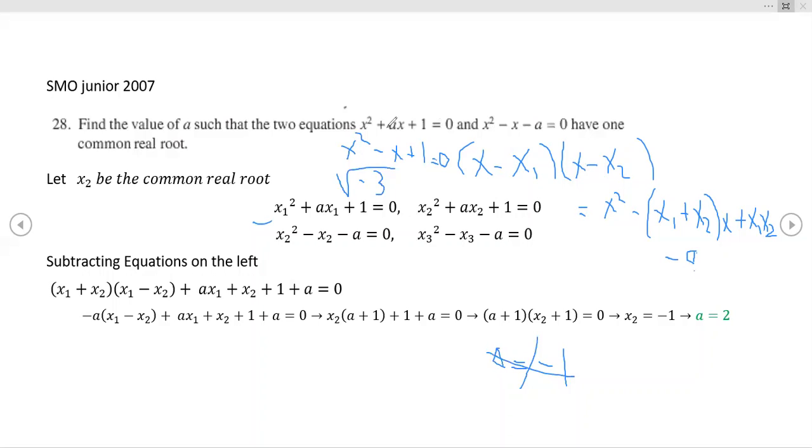In any event, a is equal to 2. That's the answer to the question. Let me know what you think. I may have put in a little too much work, but a equals 2 guarantees you'll have a common real root, and we even know what it is: x sub 2 is equal to -1. The solution a equals -1 would lead to complex solutions, and that would rule out the possibility of a common real root.